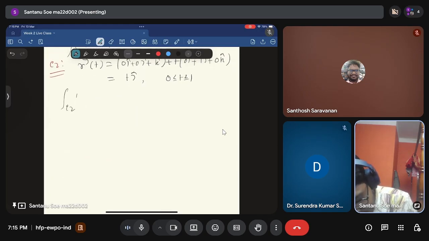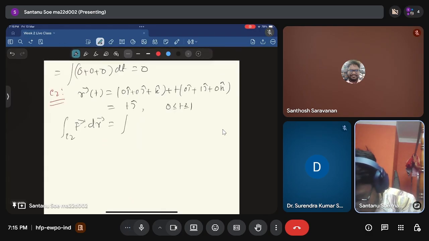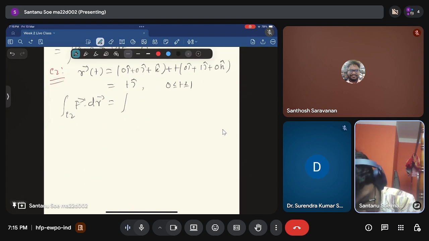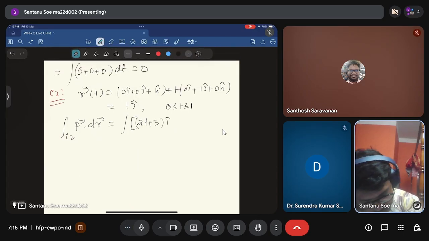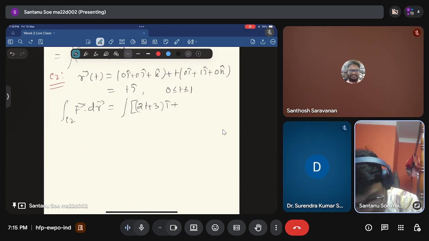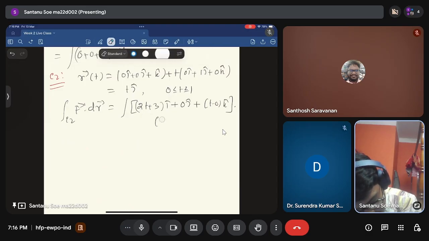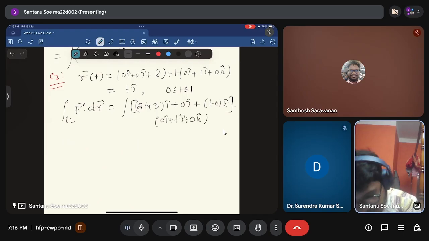Then again, the integral over C2 of f dot dr. This is going to be, sorry, this is (2t plus 3) into i cap plus 0 j cap plus (t minus 0) k cap, and this is dot product with 0i cap plus t j cap plus 0 k cap, and there will be dt.